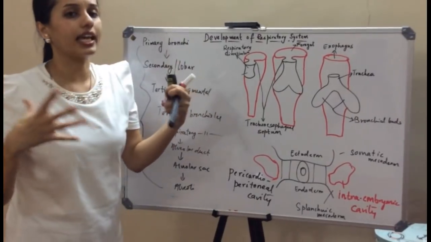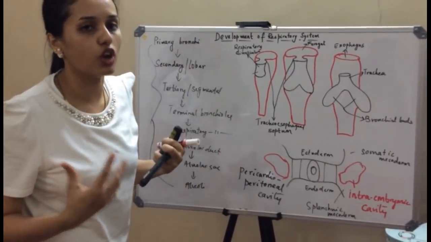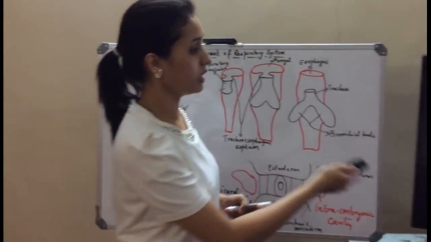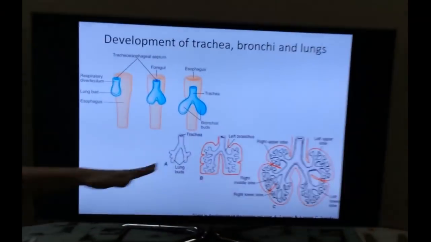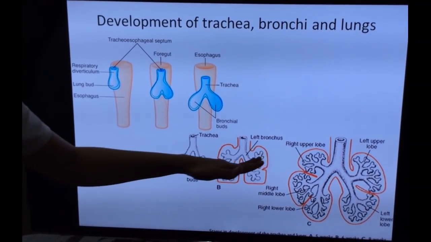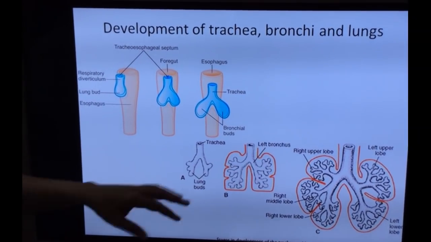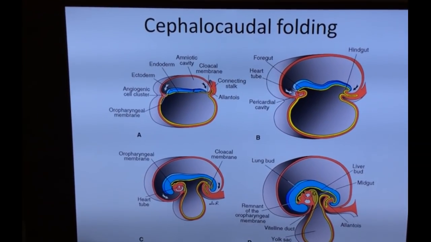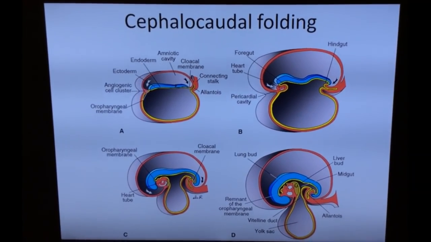As the lung expands, there will be formation of two main buds. Please come over here. You can see the branching of the bronchi and the lungs are expanding laterally. This you had learnt in general embryology.